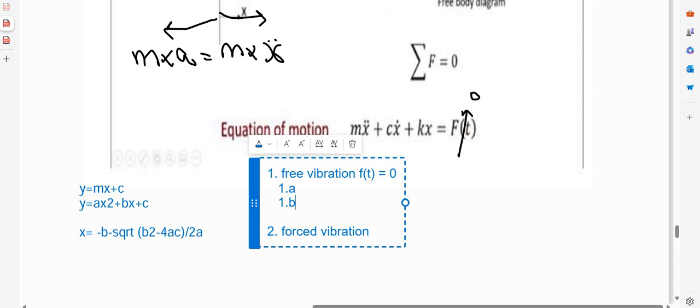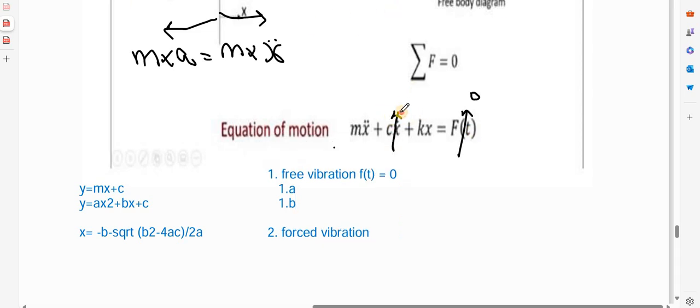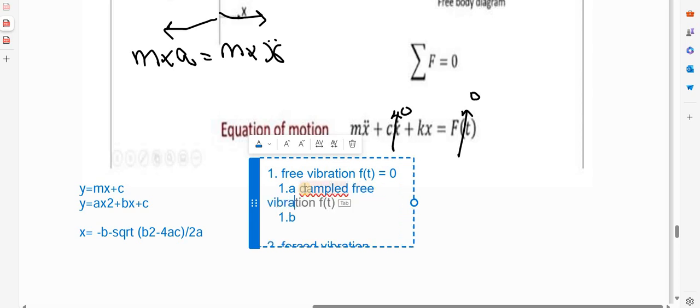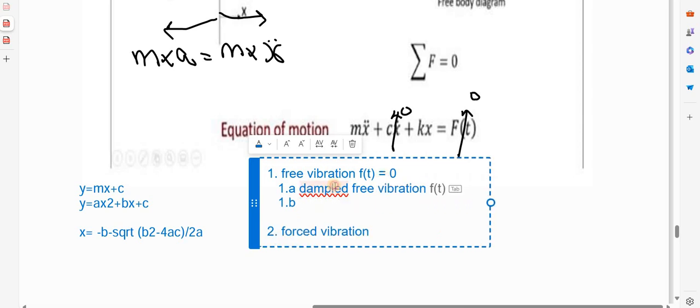Sometimes this damping can be 0. That is one case. If the damping is 0, then it is known as undamped free vibration.